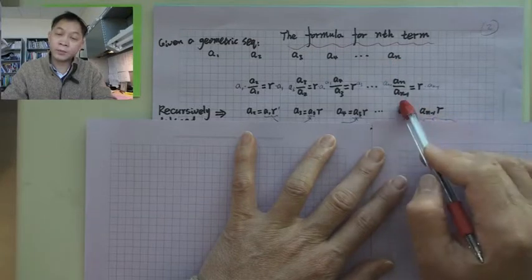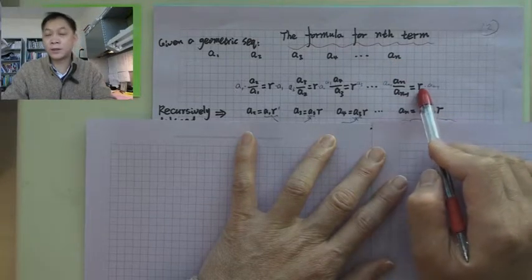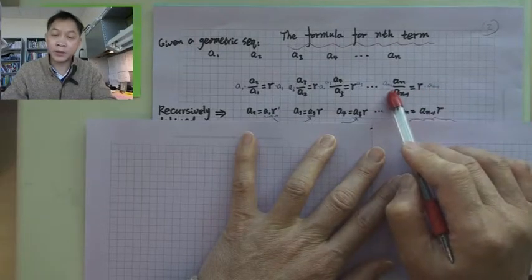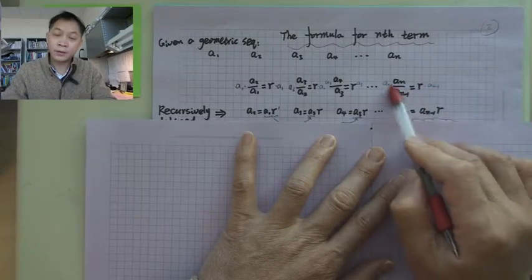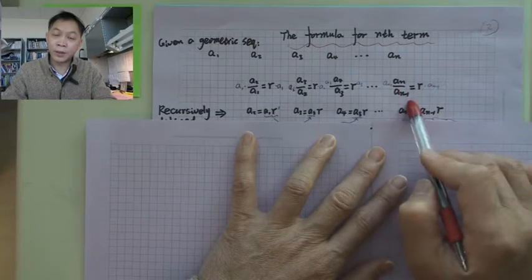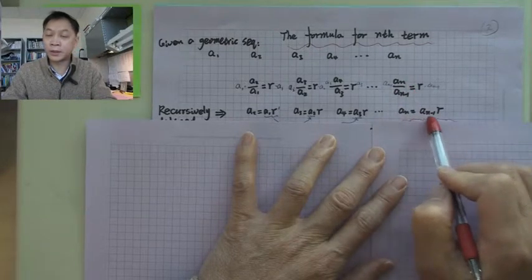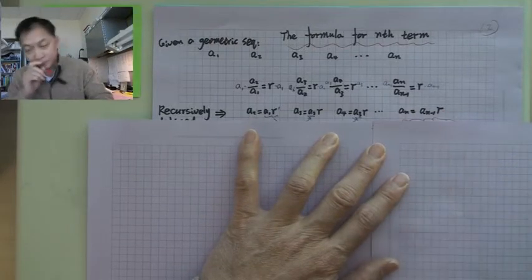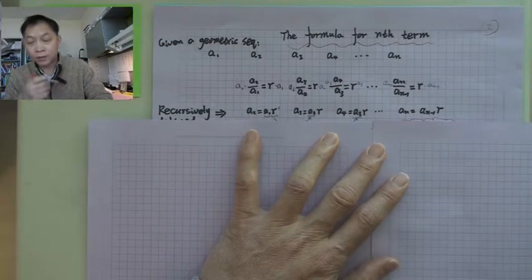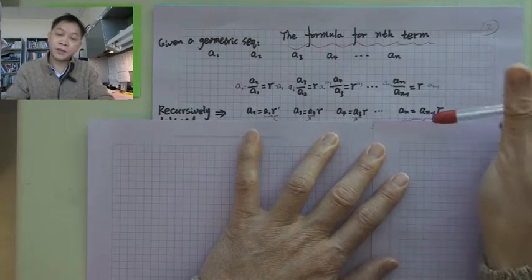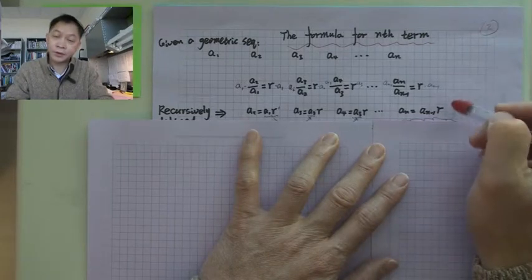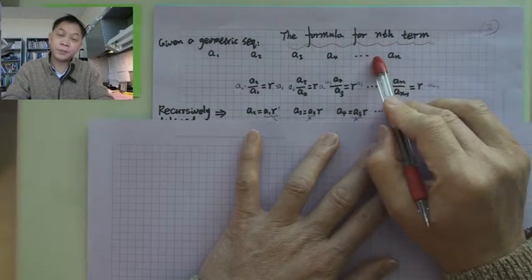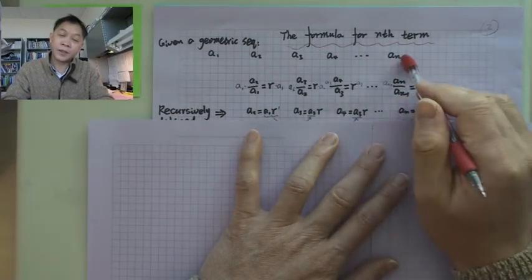Similarly, for the last term, An over An minus 1 is a constant. Both sides multiplied by An minus 1, and you cancel An minus 1, you have An equals An minus 1 times R. So in this case, again you use R to hit on the previous one, then you have An.